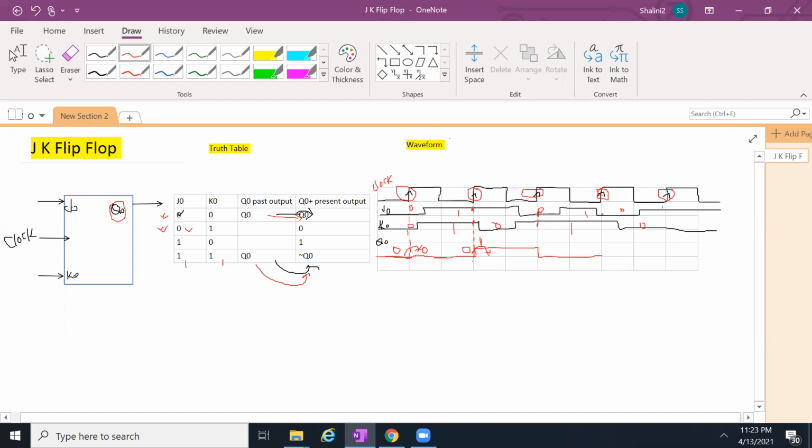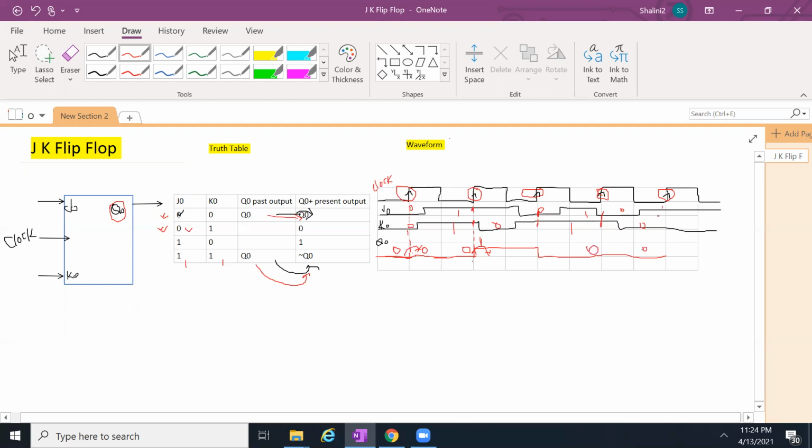Here we have 0 at the J0 input and K0 is 1. So in the 0 1 condition, we will get 0 at the output, and it will go till the next clock cycle. Here also we have 0.